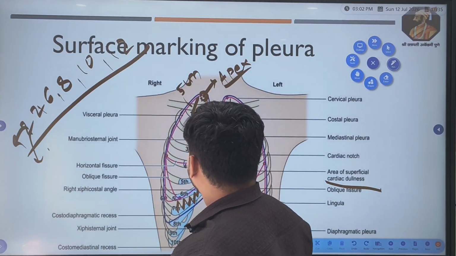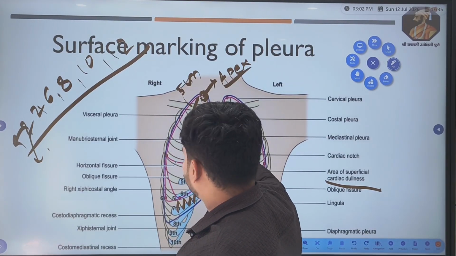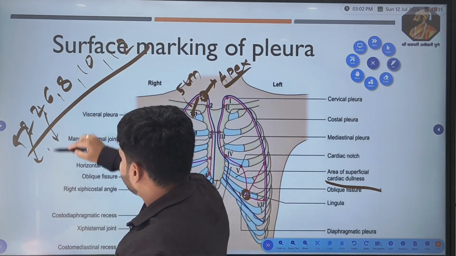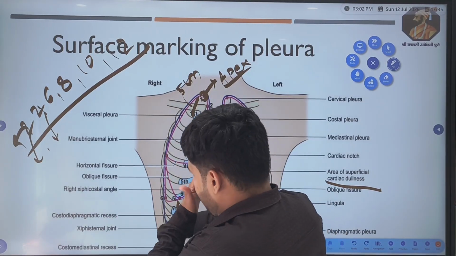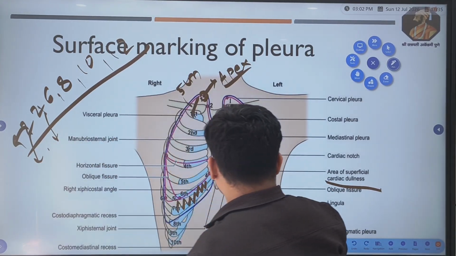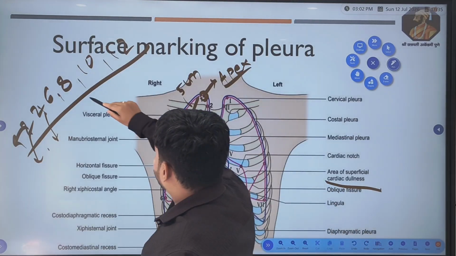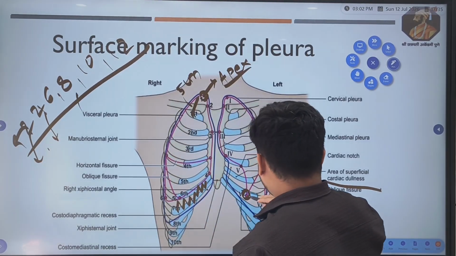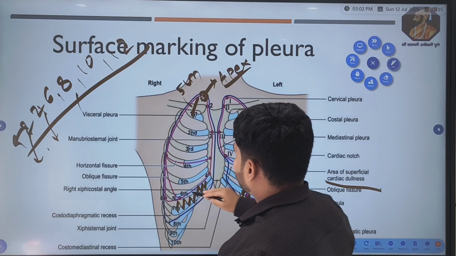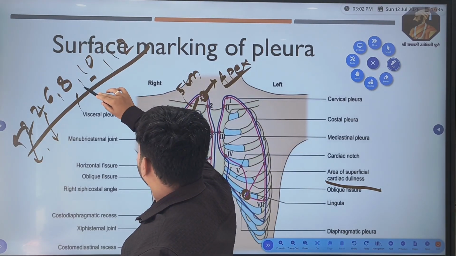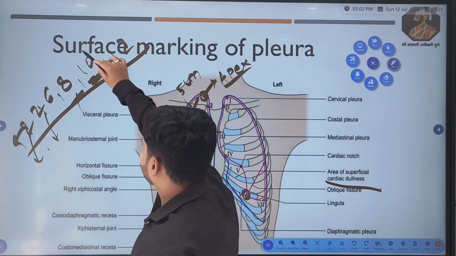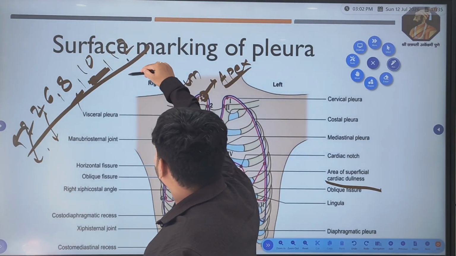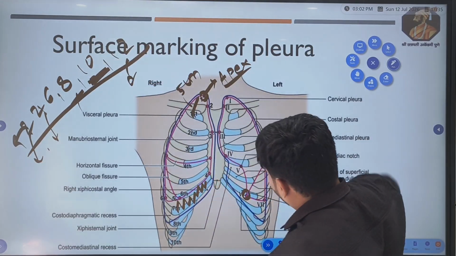At the second costal cartilage they start together like this. At the fourth costal cartilage they diverge. At the sixth costal cartilage they separate and go on. At 8 they are present on the mid clavicular line. At the 10th they are present on the mid axillary line, and at the 12th they go backwards.